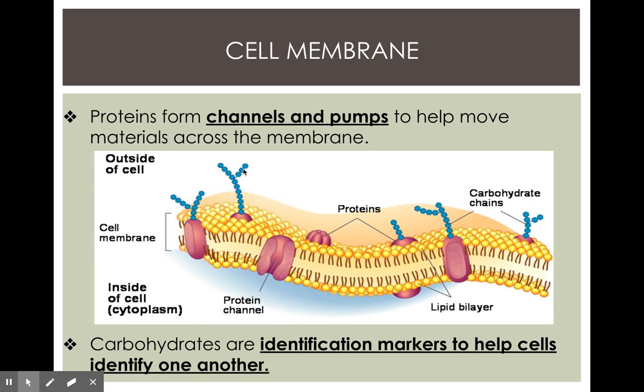Notice that if you look at the structure of these carbohydrates, they look like the structure that we talked about when we learned about biomolecules. Carbohydrates serve as identification markers to help cells identify one another. So they talk to each other and communicate, right? Your body needs communication methods in order to know what cells should be there and what cells should not be there. So these carbohydrates are identification markers and communication methods.